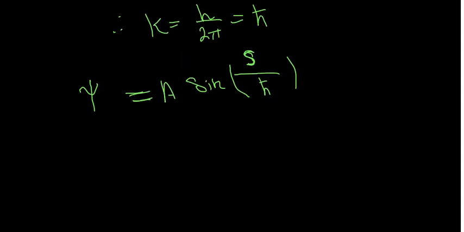Now what do you think we're going to do? Now we've got the possible candidate for the wave function. To get the equation, all we need to do is plug into the normal wave equation. The normal wave equation says that the Laplacian of the function psi equals one over the speed of light squared times the second partial derivative of this function psi.